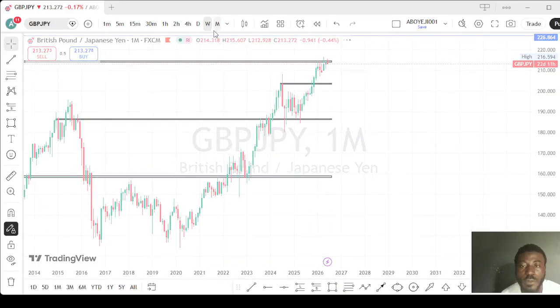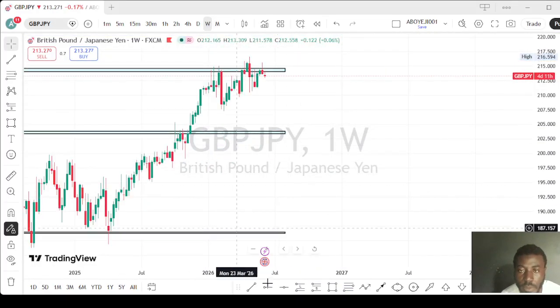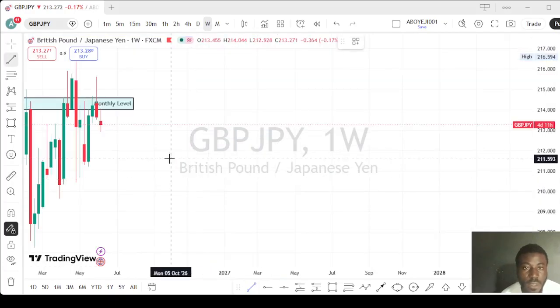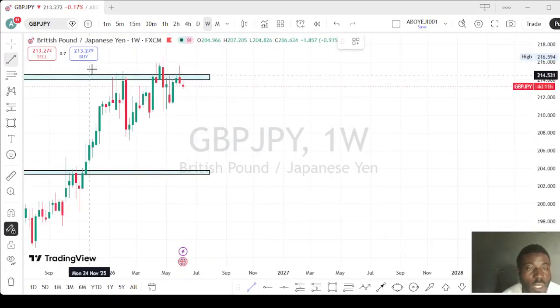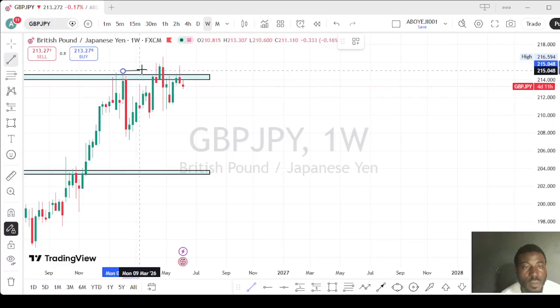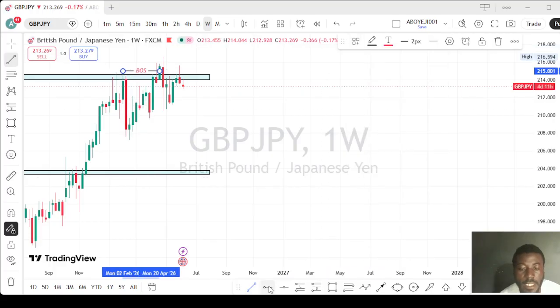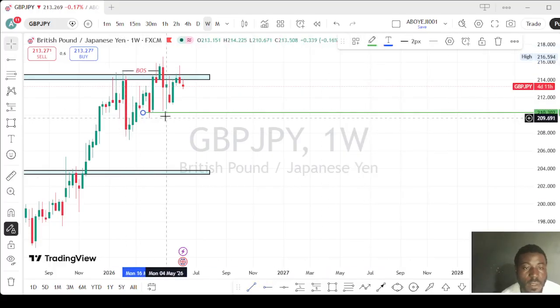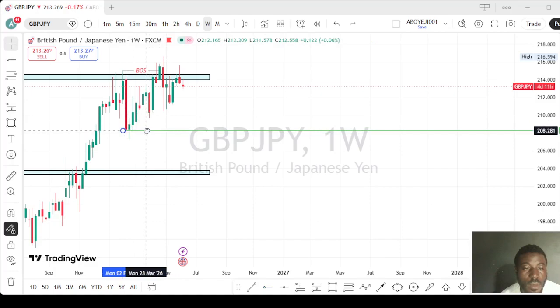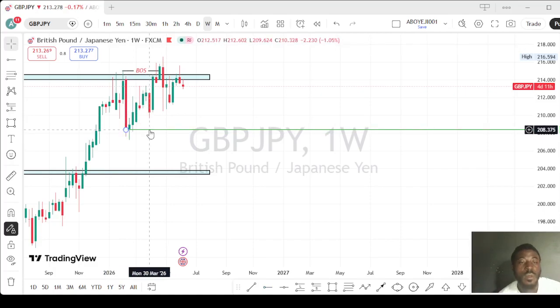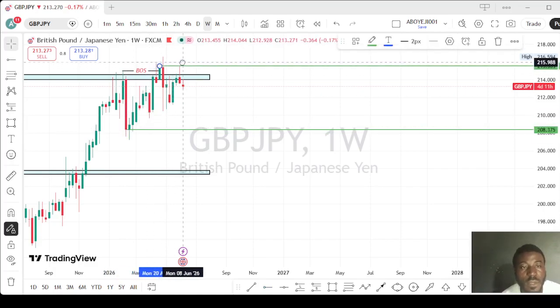So, let's move to the weekly time frame. On the weekly time frame, this is the last break of structure we are having. And this is our key level here, and this is our key level here also.